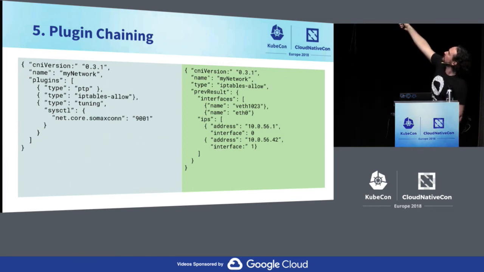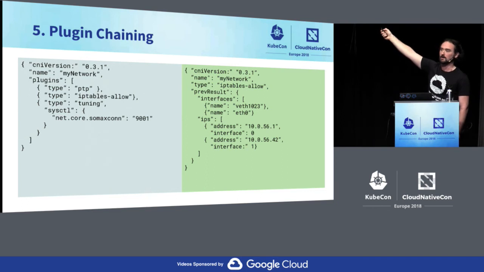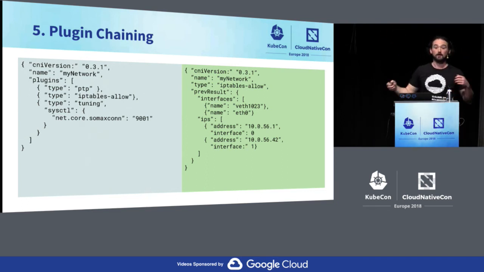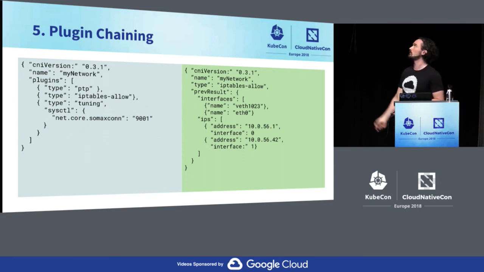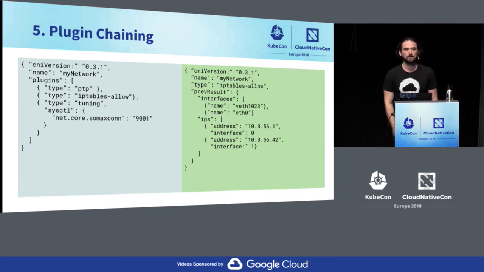And what that plugin is going to see is its configuration, and it's also going to see the previous result from the previous plugin. And this is really cool because now you can do things that rely exactly on the previous result. You can do things like, in this case, this plugin is going to add an iptables rule to allow either this interface or to allow this IP address. This is something you can only do with dynamic plugin chaining.